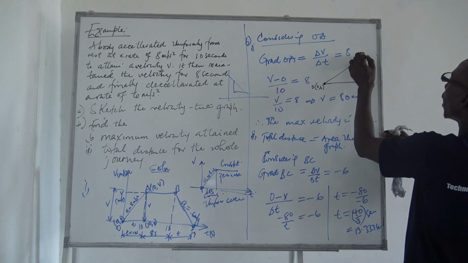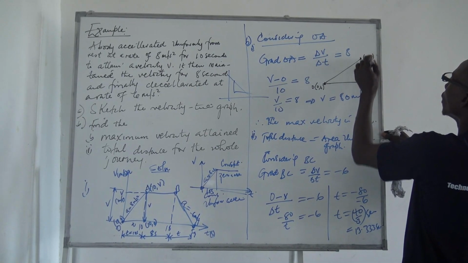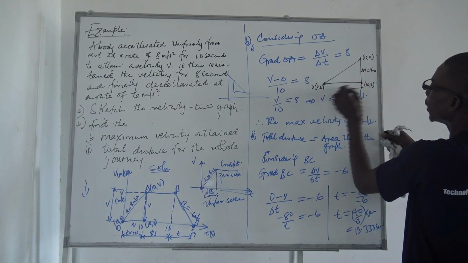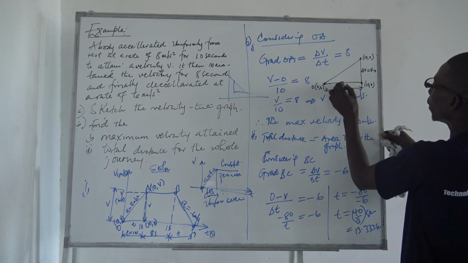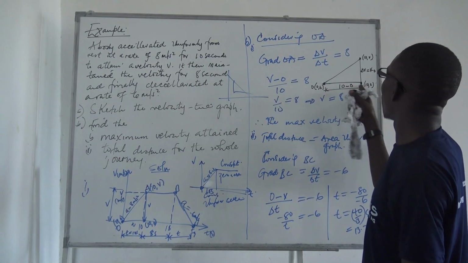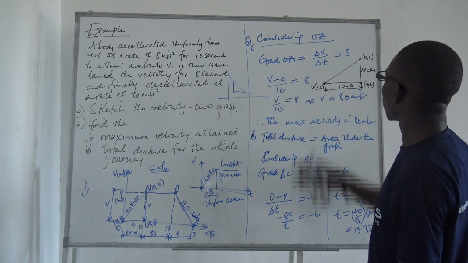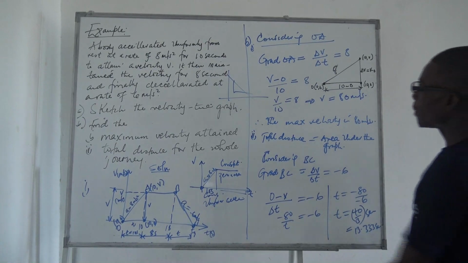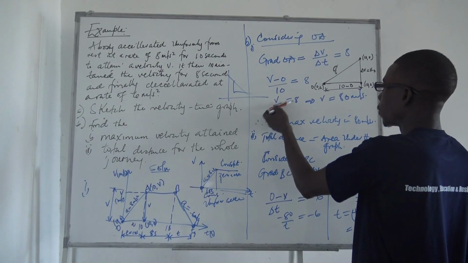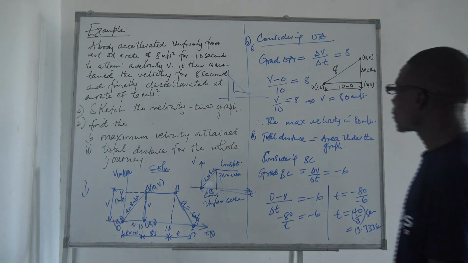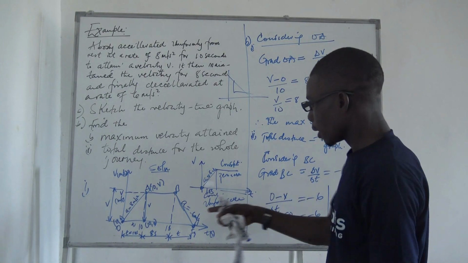And then this one here will be 10 with the V. So the change in V here will be V minus that, and then the change here will be 10 minus 0. So it is V minus 0 over 10 minus 0 equaling to 8, equaling to the gradient of this line here. So that means I can say it is V out of 10 equaling to 8, and V equaling to 80. Clear?